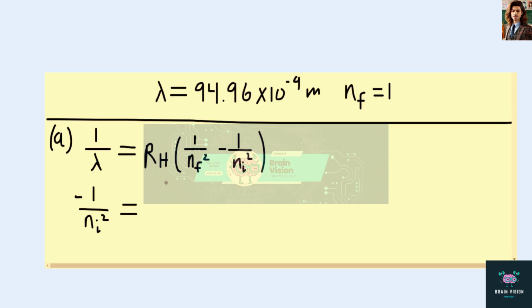So we have 1 over lambda R sub H, where R sub H is the Rydberg constant, minus 1 over n sub f squared. Then we can multiply through by -1 to get rid of that negative sign. So that becomes a negative, and that becomes a positive.